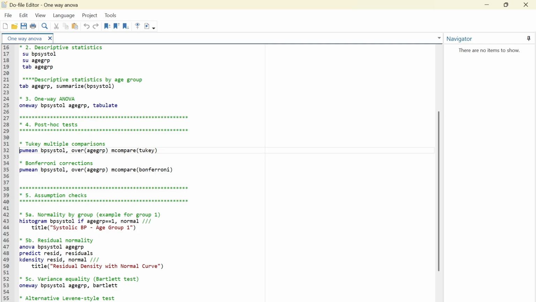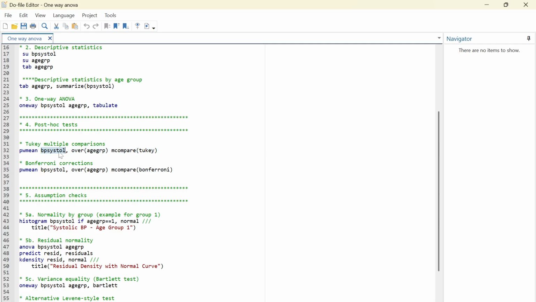Pairwise means comparing the mean of a group with another group, for example 20 to 29 versus 30 to 39, like this. Then your outcome variable, which is BP systole, then comma, over your grouping variable in brackets, and then mcompare is multiple comparison, and Tukey in brackets.